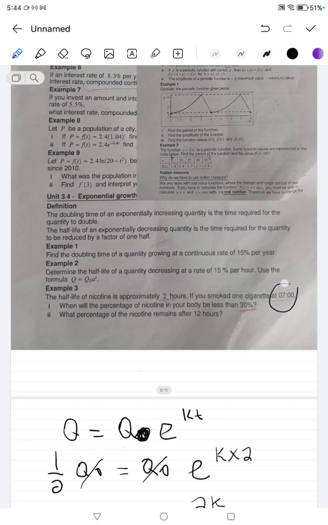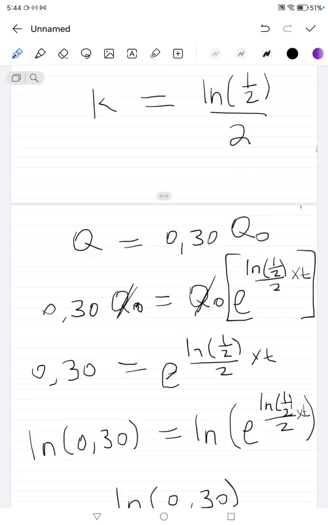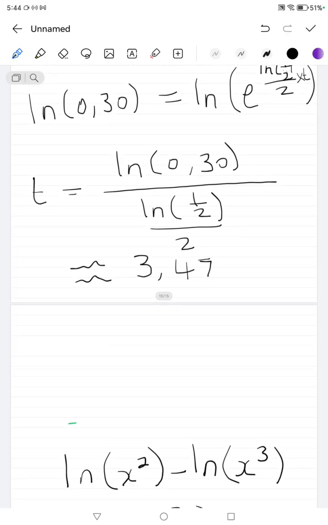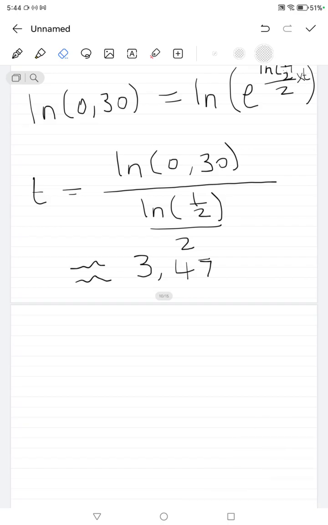Remember, the 7 o'clock was our reference time. It means we're going to be adding these 3 hours to that initial time, so 7 plus 3, which is 10 o'clock.